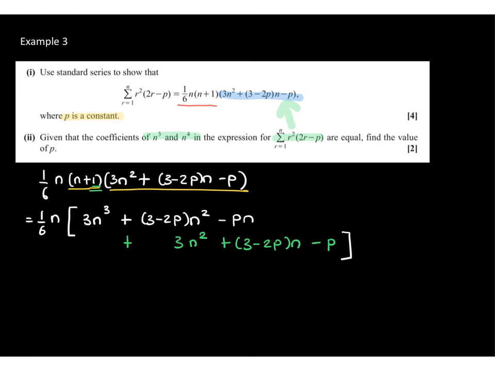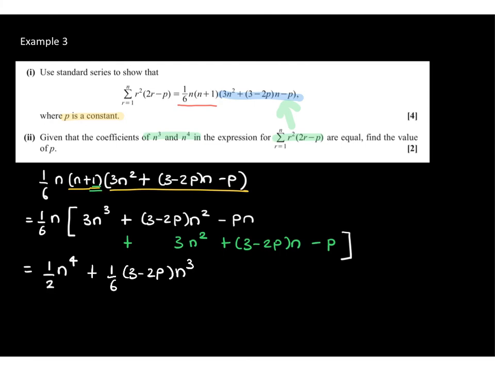And then we're going to multiply through by the 1/6 n at the beginning as well. So we've got 1/2 n to the power 4 plus 1/6 3 minus 2p n cubed.